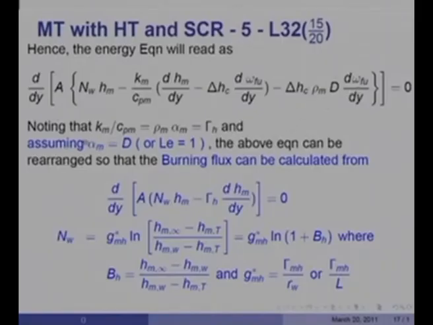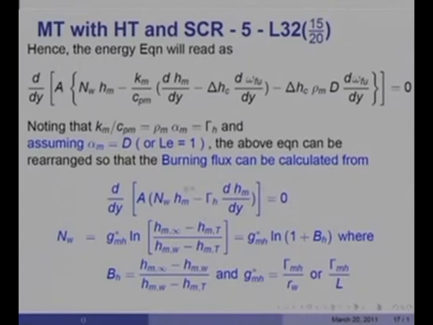And then if I again make the Lewis number equal to one assumption, that is alpha m equal to D, then you will see that gamma m, this Km by Cpm, can also be written as rho m into D and equal to gamma h, let us say. So, then this term would get cancelled with that term, and I would get A times NWHm gamma h into dHm by dy equal to 0.